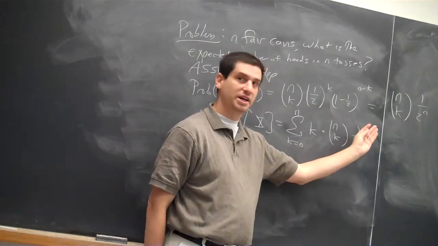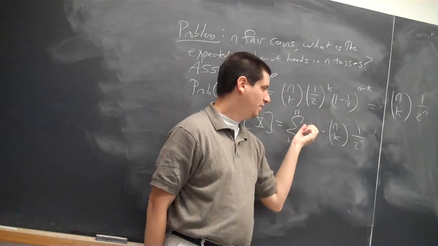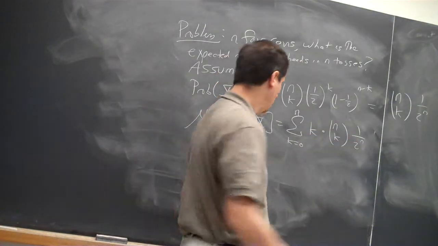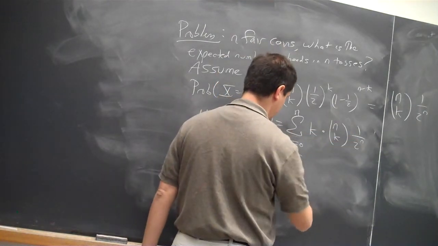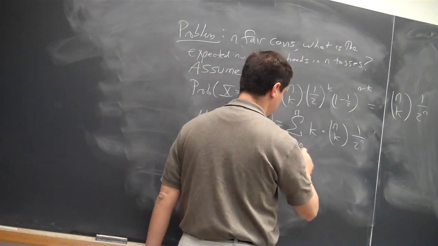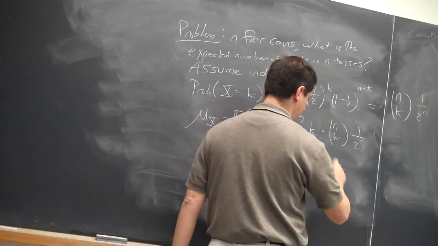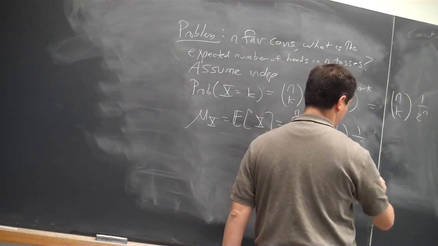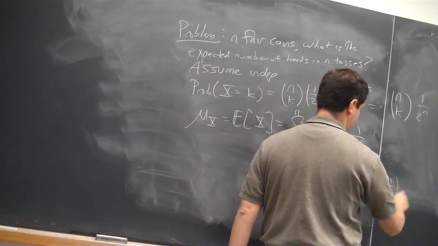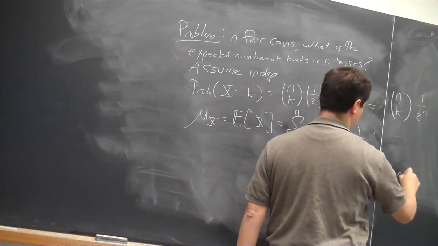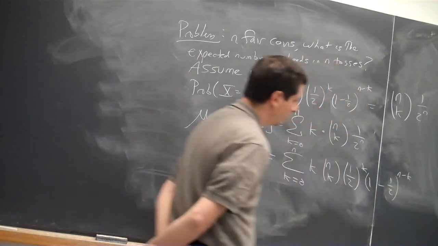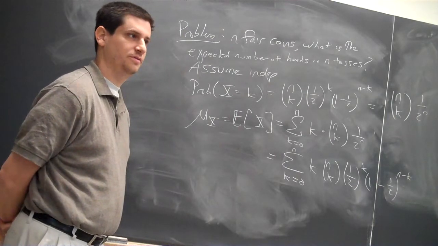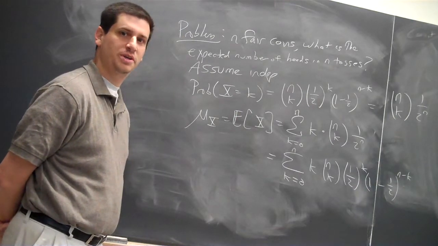And I'm left with trying to understand a sum of a polynomial in k times a binomial coefficient in k. Or, I could do the pedantic version. K goes from 0 to n, k, n choose k, 1/2 to the k, 1 minus 1/2 to the n minus k. Which way do you think is easier to analyze the sum? Pedantic or non-pedantic?